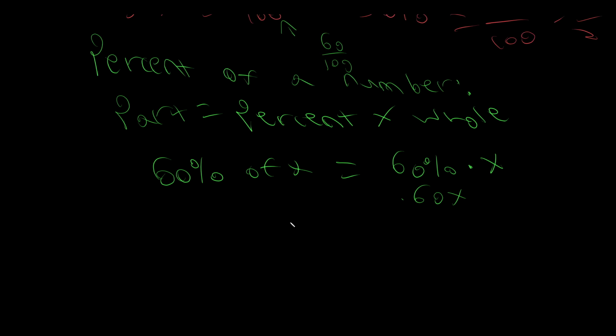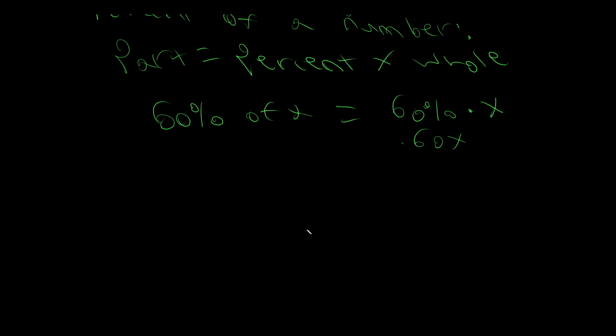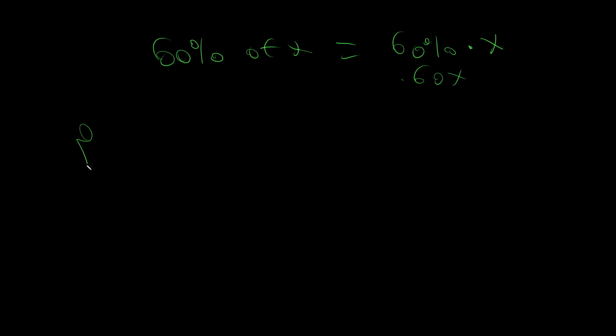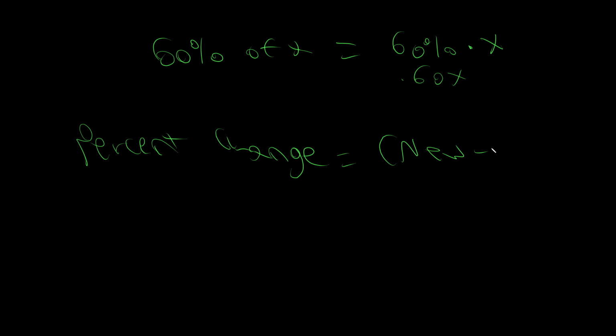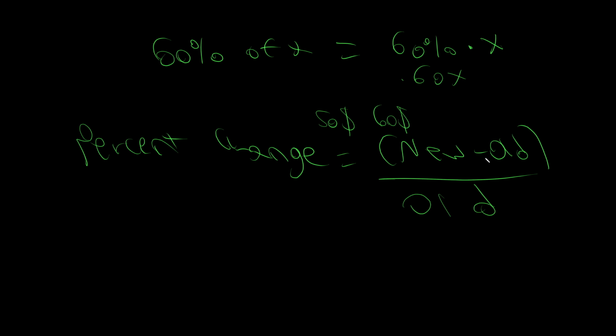Also, we'll talk about it later, but then we have percent change, which equals new minus old divided by old. So let's say your original price was $50 and now it's raised to $60.